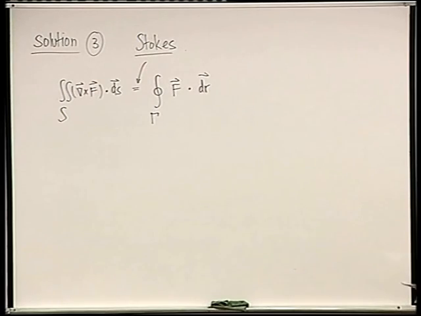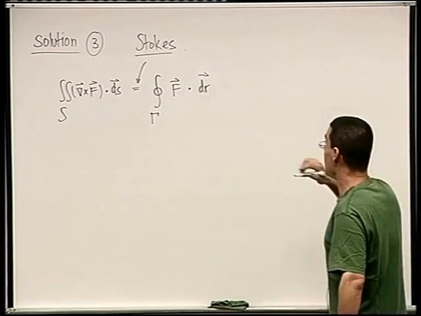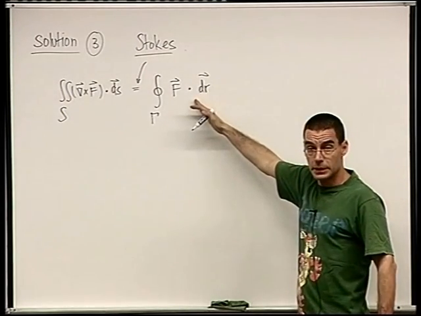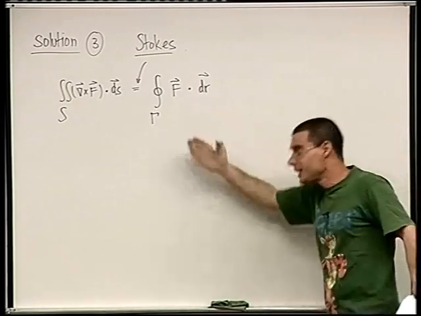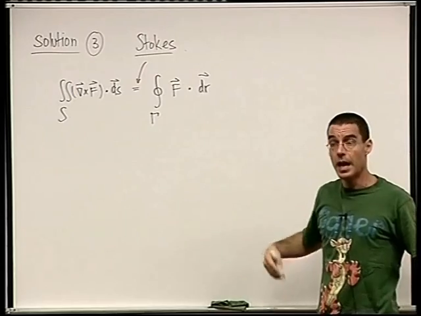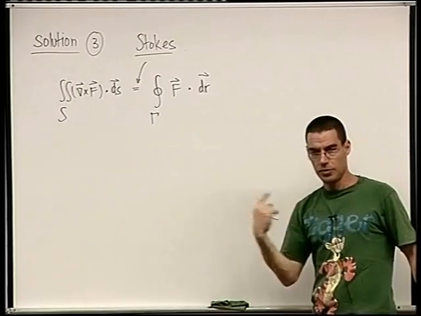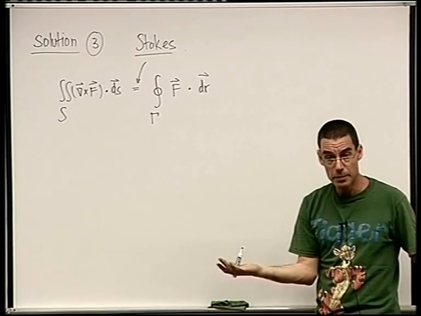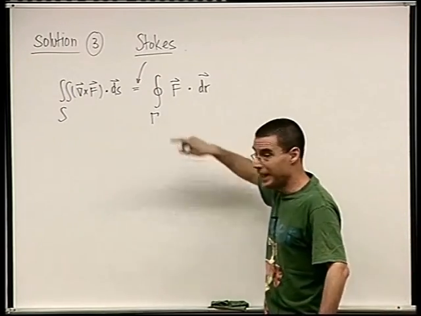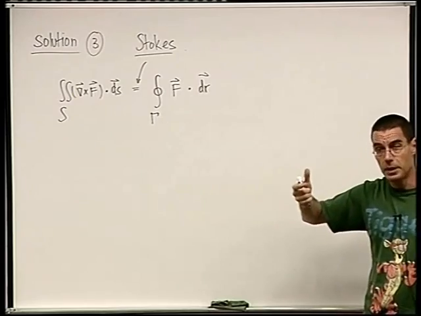Okay. So how do we calculate a line integral? Nothing comes for free. Now we need to calculate a line integral over a curve. We parameterize the curve, find r prime. R is going to be the parameterization.